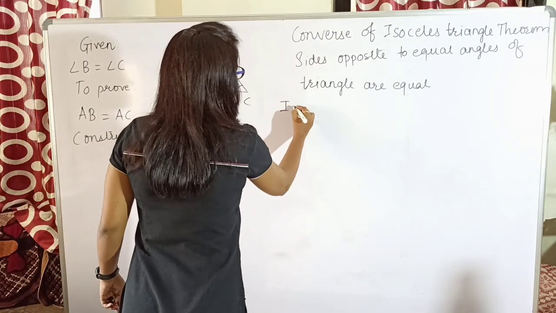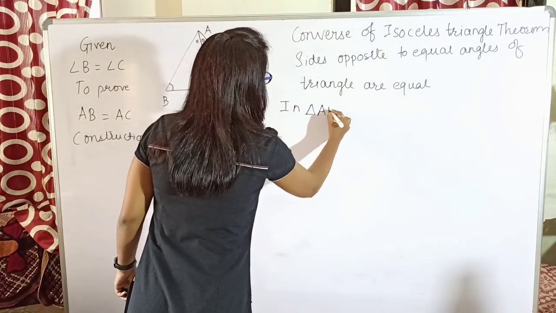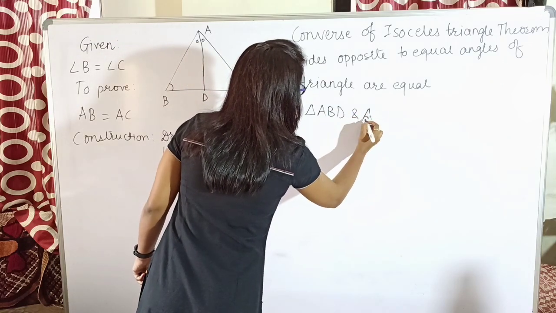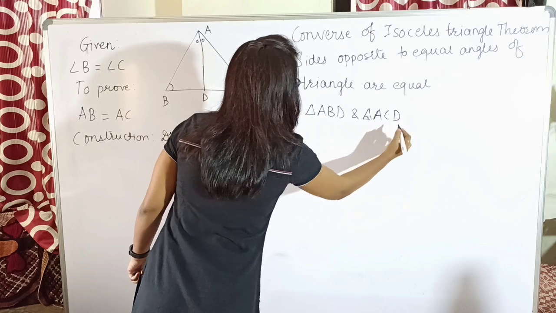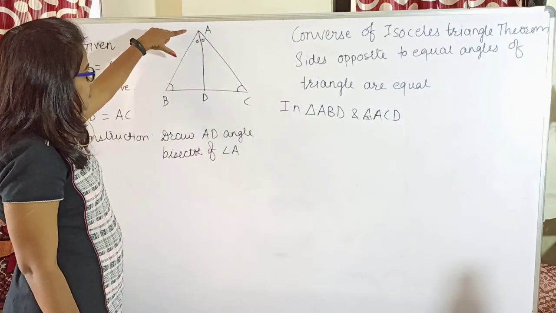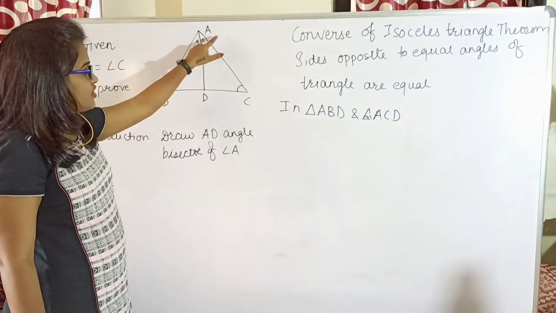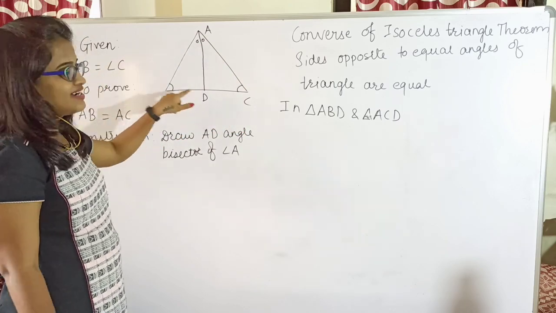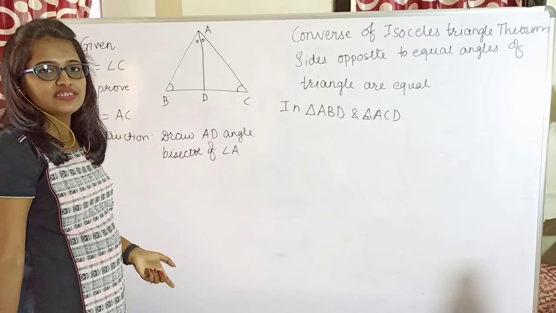So let us see in these two triangles, that is ABD and ACD, what things you have as equal. I have angle ABD equal to angle ACD, because if angle B is equal to angle C, it means whether you take it as ABC or ABD, they will be the same angle.